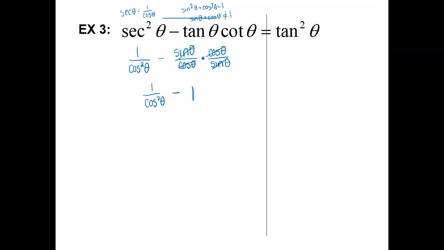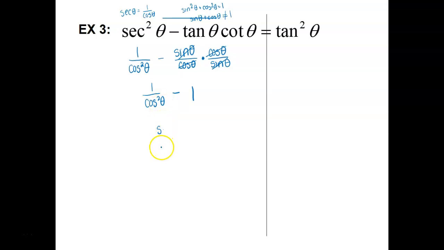So we have a couple options of how to do this problem. Let's just do, I'm going to do what's the quickest here, although there's another way that you eventually would use. So 1 over cosine squared theta, I'm going to write it back as secant.